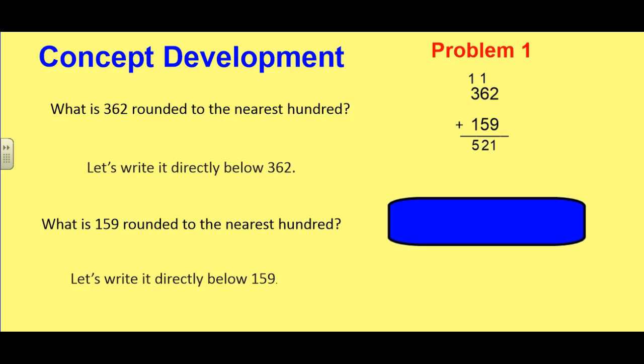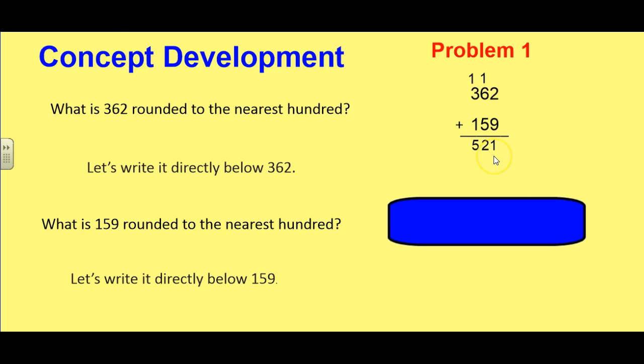Okay, so when you added that together, you should have gotten 521. So now we're going to round to see what the estimate is for this. Usually whenever I'm estimating a problem, I will solve the answer first, and then I will round the answer. But we're going to do it a little bit different today.